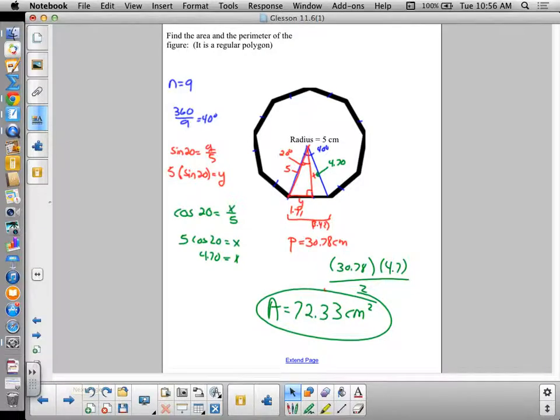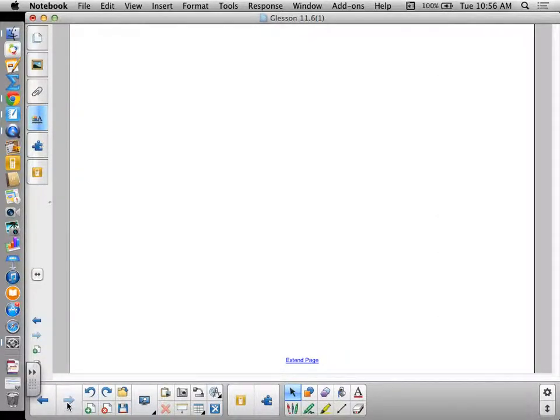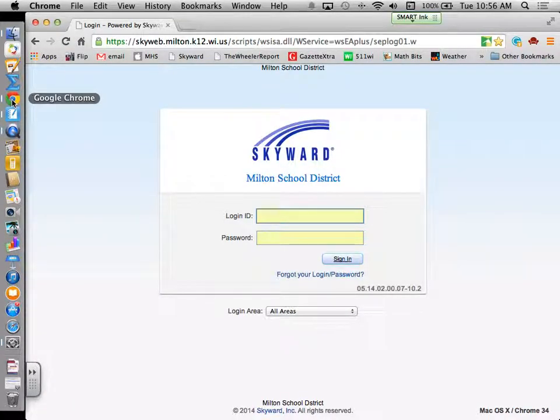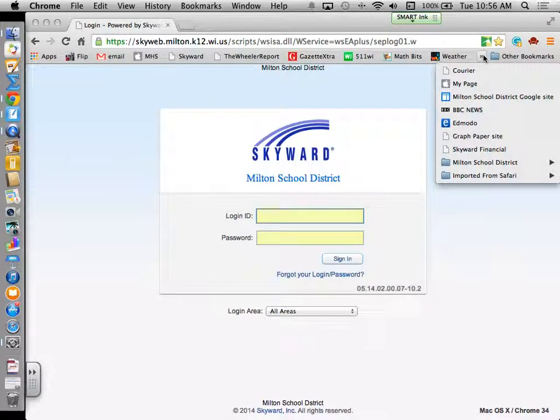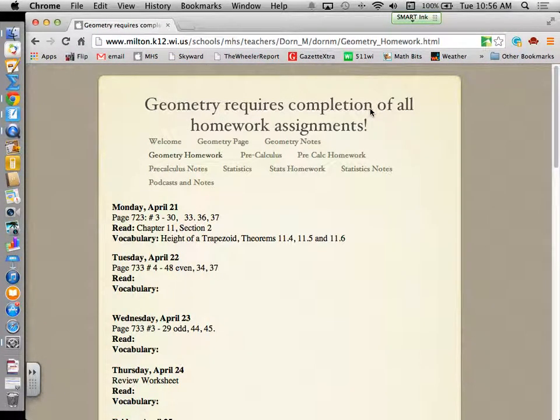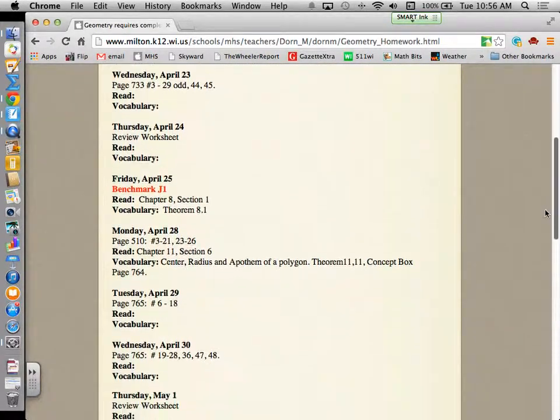Then you can get things figured out. Obviously more challenging, but really when we're looking at this unit, this is the big deal of what's going on. This is what we've been working toward.